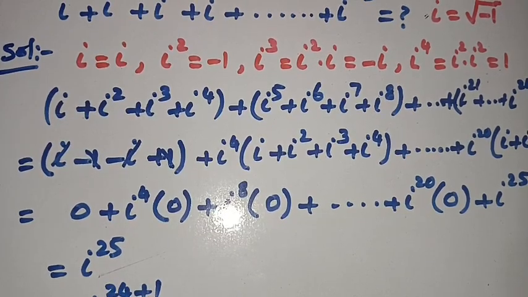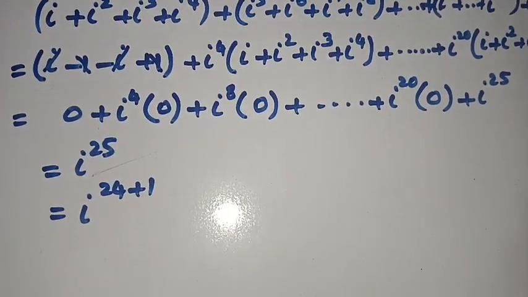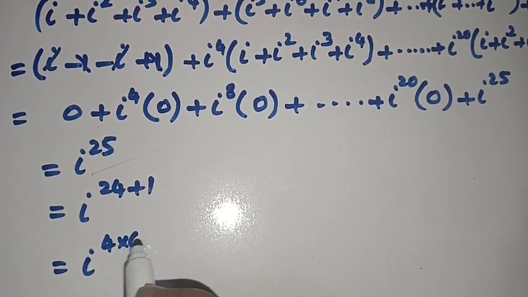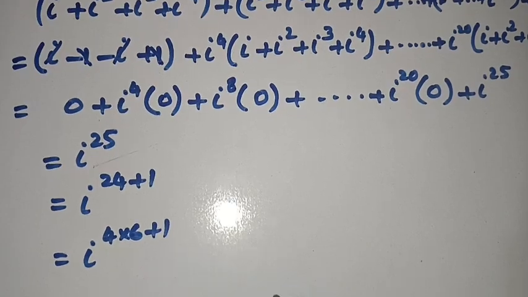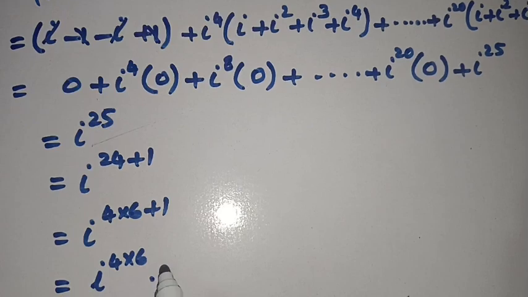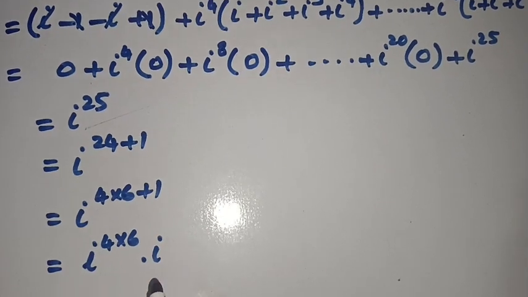And i to the power of 25 we can write as i to the power of 24 plus 1, and i to the power of 24 we can write as i to the power of 4 into 6, plus 1. So if we use the laws of indices, we can write this as i to the power of 4 into 6 into i to the power of 1, that is i.